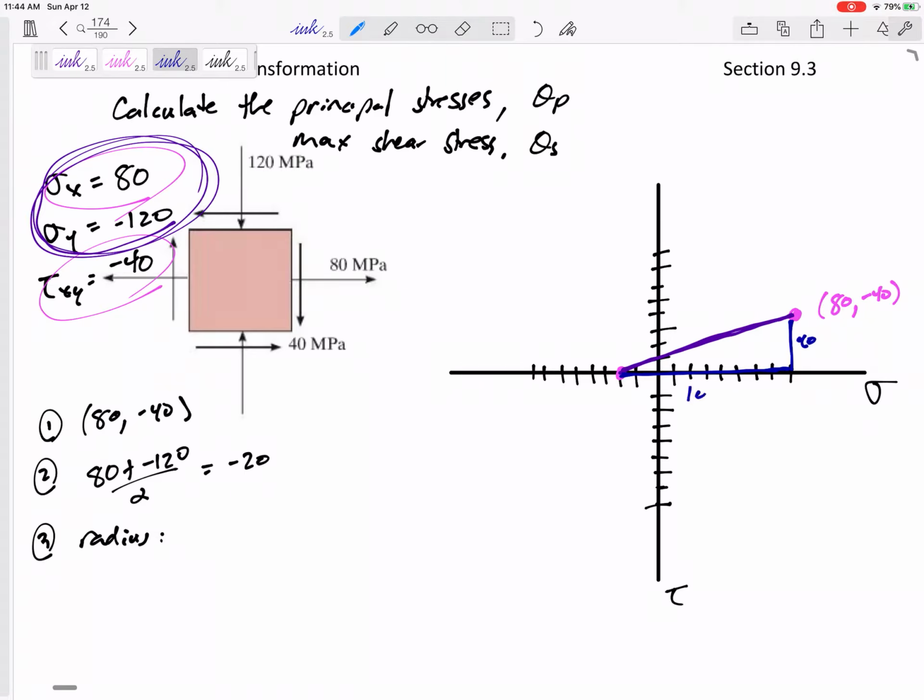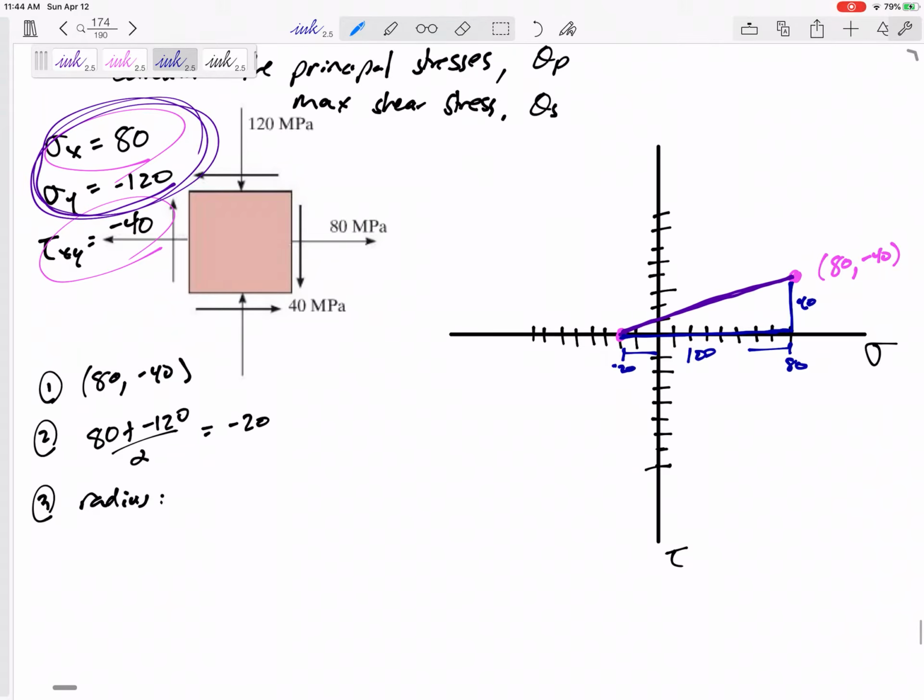It has a base of 100, because I go from 80 to negative 20. So a base of 100, a height of 40 would make my circle, a squared plus b squared equals c squared, 100 squared plus 40 squared. Take the square root. My radius is 107.7. Maybe write that here, 107.7.